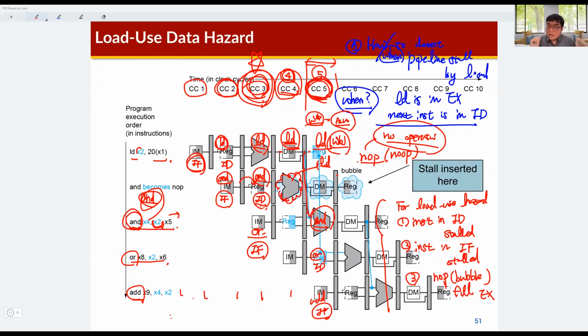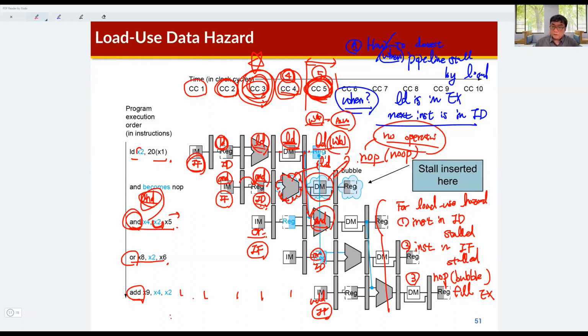But at CC5, the memory stage is filled with no operation, so one cycle is wasted by this load-use hazard.